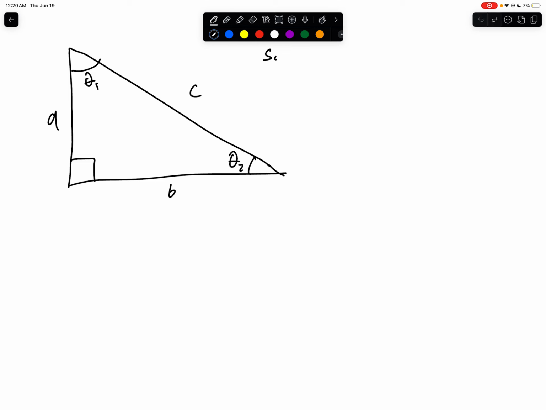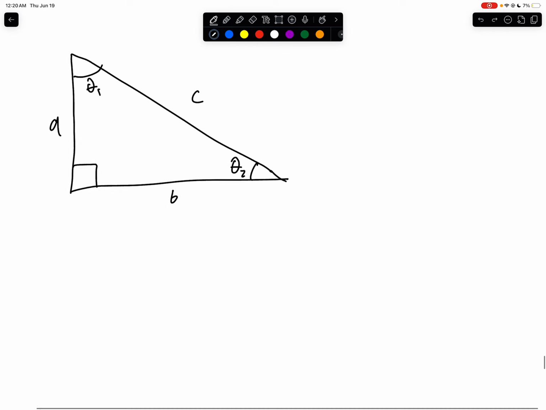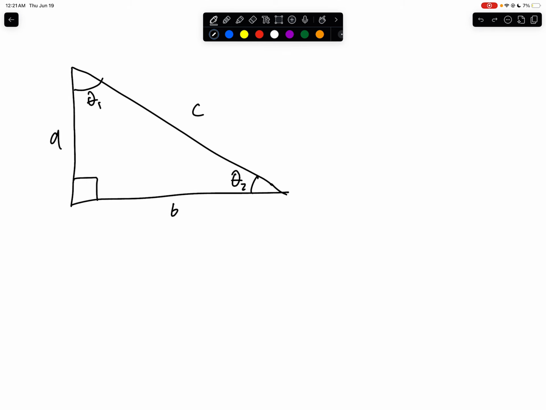The first straightforward thing here is if we do theta 1 plus theta 2 plus 90 degrees, let's work in radians here, plus pi halves radians equals pi radians, right?